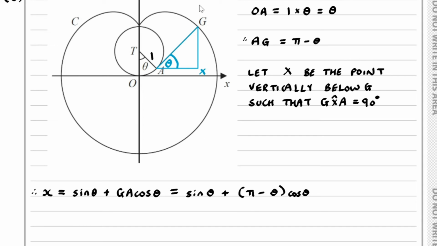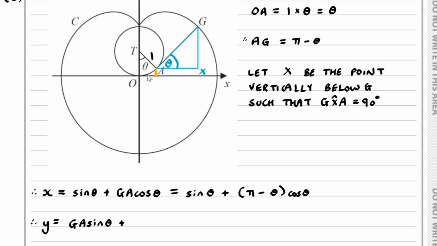And if I consider what the y coordinate of G will be, well, here we'd have this length here, x, G, which is GA sine theta, but we also need to add on this tiny length over here.